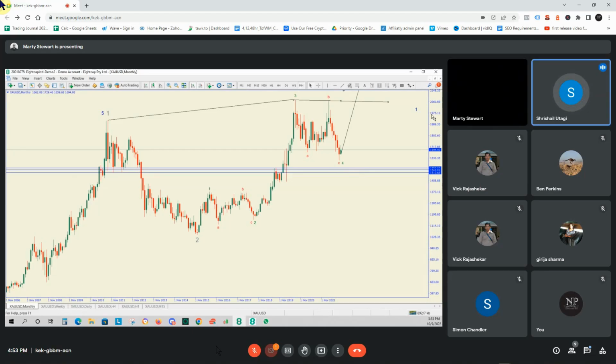Because I see, if the previous A is my neckline, then it's a break of my neckline. If I consider that as a double top, would it be wrong? Okay, so this is your double top, and A, this is your neckline. Is that what you're saying? Yes, that's correct.